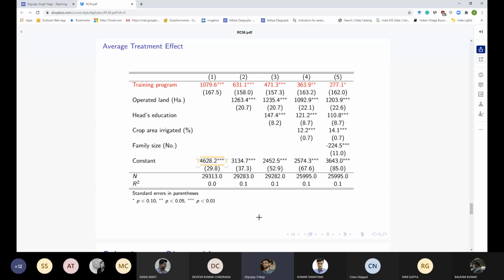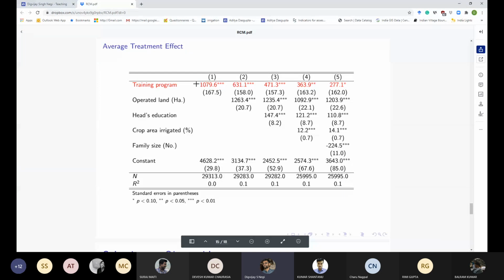And the difference in average per capita income of individuals who attended the training program and individuals who didn't attend is around 1,079 rupees, right? So if you want to know the average per capita income for the individuals who attended the training program, you can add this term with this term and you will get the average for that group.